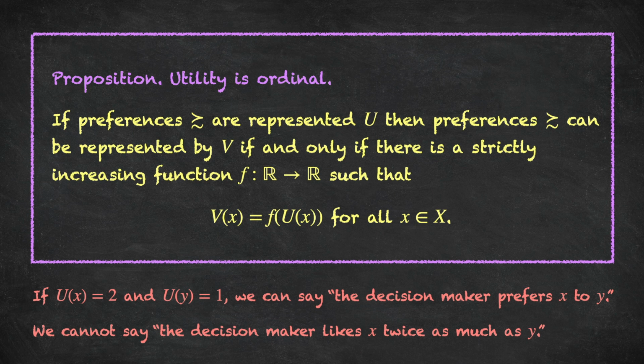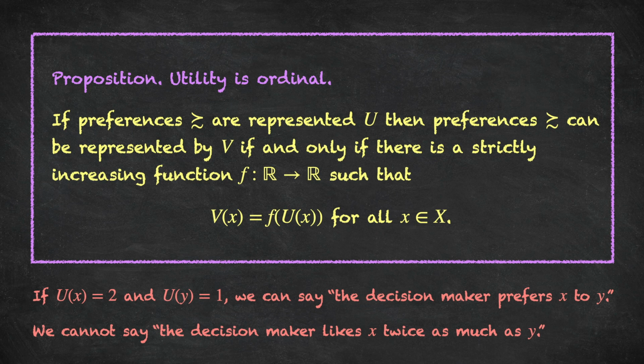An easy way to notice that we really can't say x is twice as good as y is because we could have represented these preferences with a different set of numbers. So, for instance, if I square both of these numbers, now the square function is strictly increasing as long as we're only talking about positive numbers. So on the interval from 0 to infinity, squaring numbers is an increasing transformation.